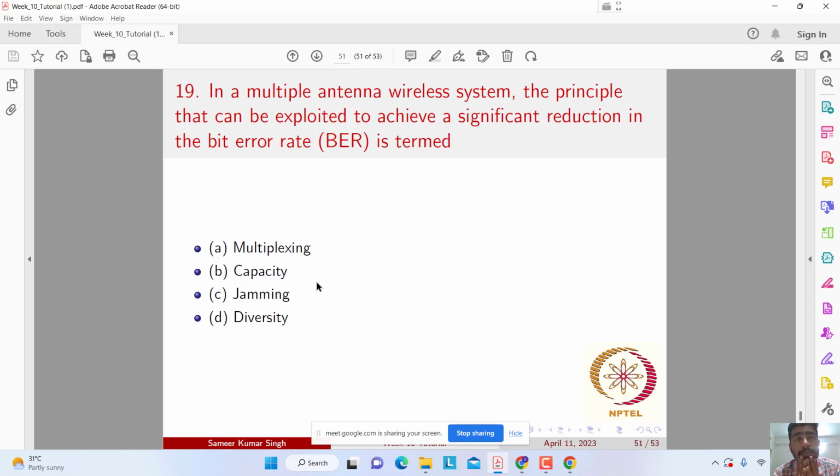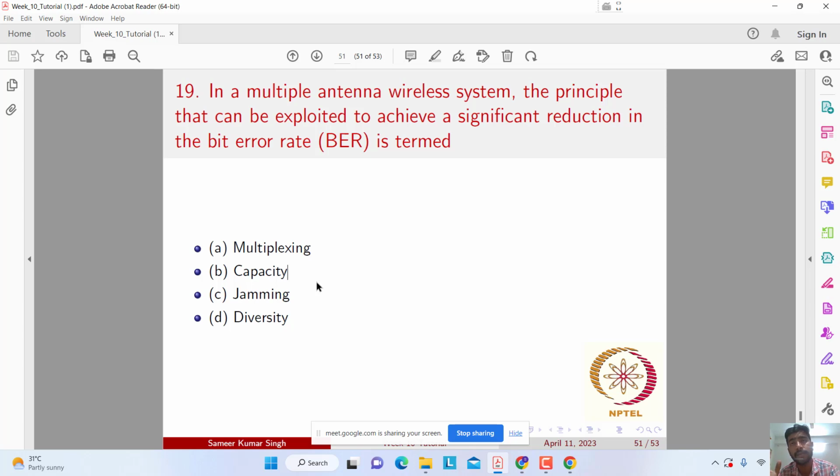the main formula of capacity: C is equal to B log2(1 plus SNR), where B is our bandwidth and SNR is our signal to noise ratio. Using the bandwidth, whatever spectrum we have, and whatever SNR we are getting. We have a transmitter and a receiver, and we are transmitting symbols at some rate.